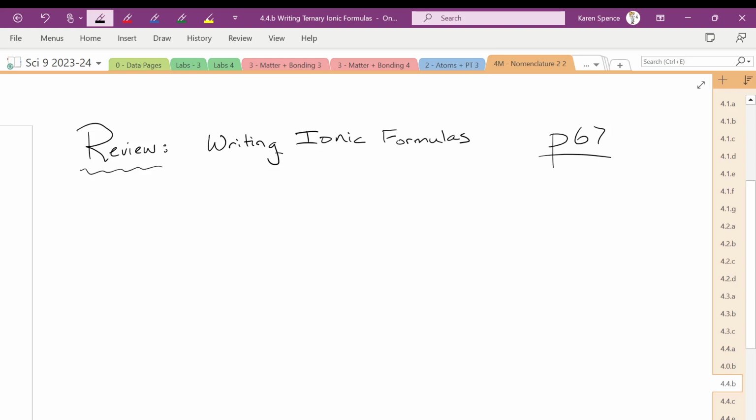If you need a blank piece of paper, there is free blank paper at the back. Okay.